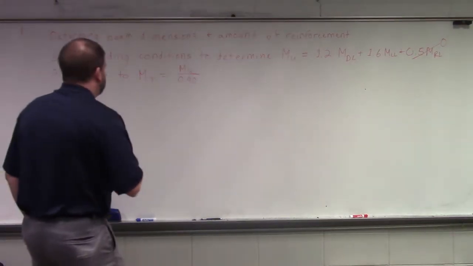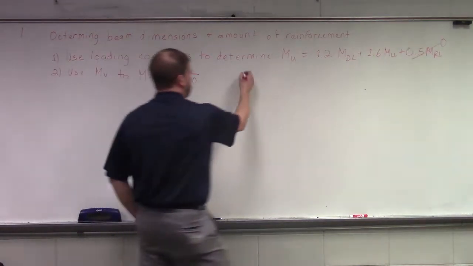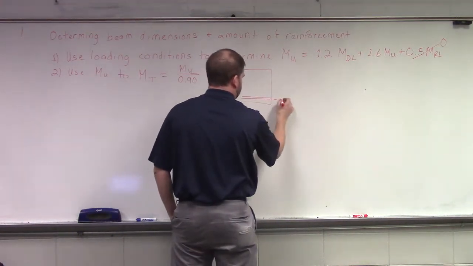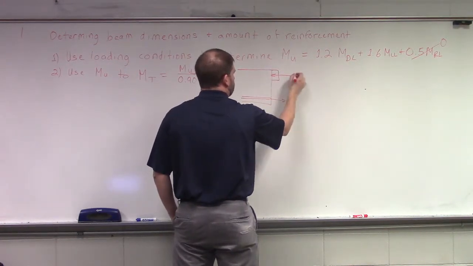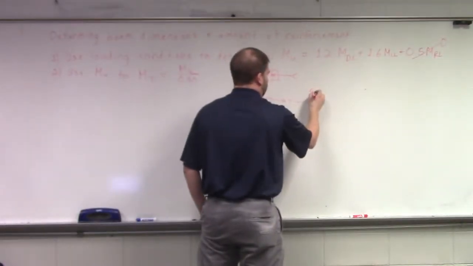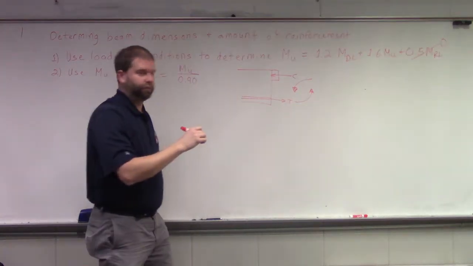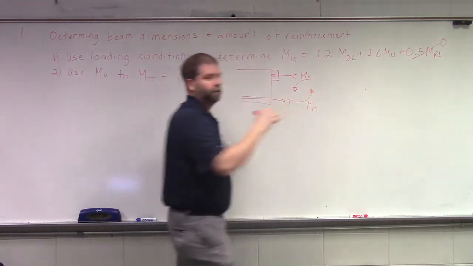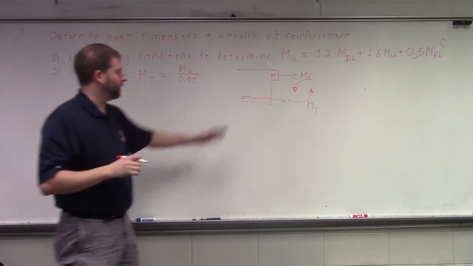And M sub T is the moment of our tension arm, right? Remember that we're looking at a beam. We have our force T, and we have our force that's in compression, right? Because they're a distance apart from each other, they're going to tend to cause rotation when we do analysis of our beam and cross section.